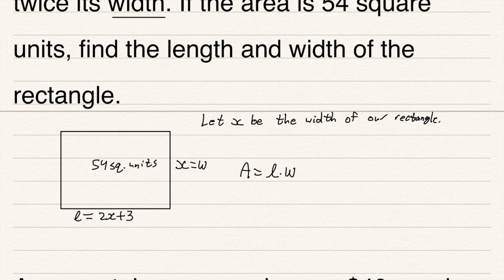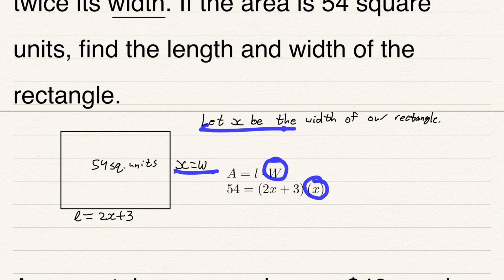Our area is 54, so we can plug that in. 54 will equal (2x plus 3) times x. Our length became 2x plus 3, and our width became just x, which is what we said the width would be.